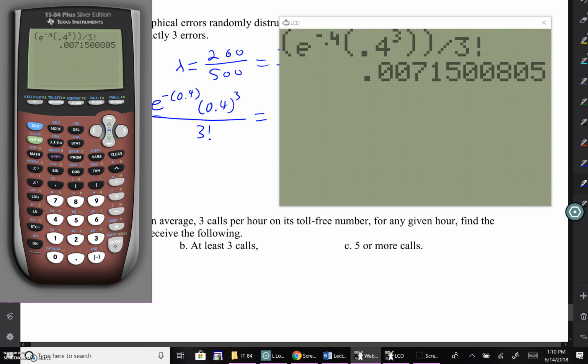You can use it, but since it's the only thing in the denominator, it knows that the 3 factorial is what I'm dividing by. It knows that the factorial is an operation, so it's going to do the operation of the 3 first. But if you're worried, you can always put parentheses and it'll still work that way too.